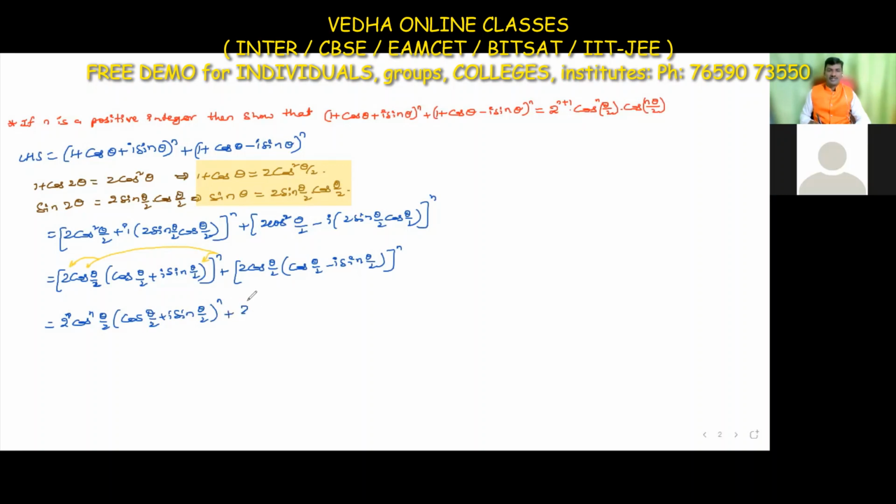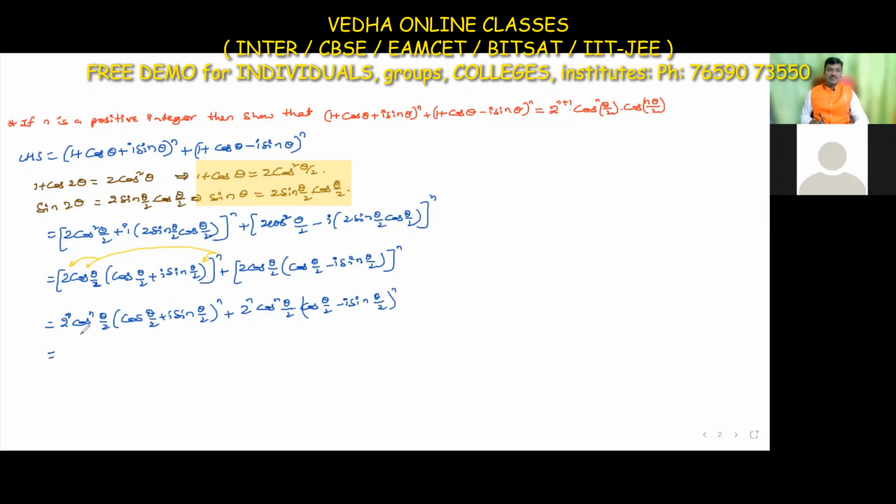Here also we get the same thing, 2 power n and cos power n theta by 2, and (cos theta by 2 minus i sin theta by 2) whole power n.